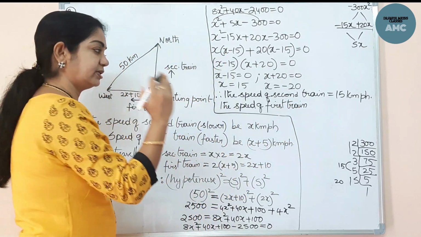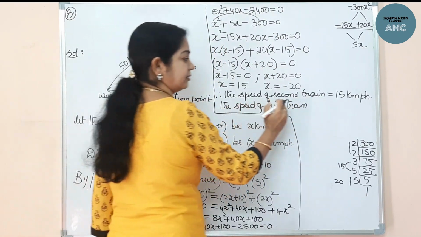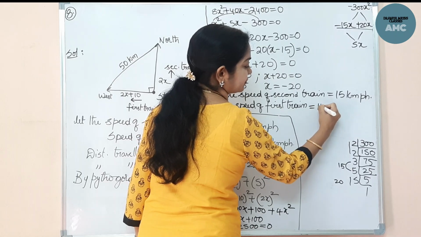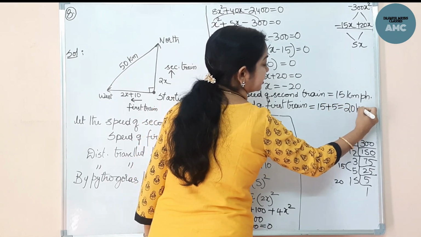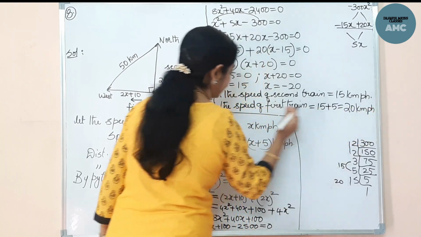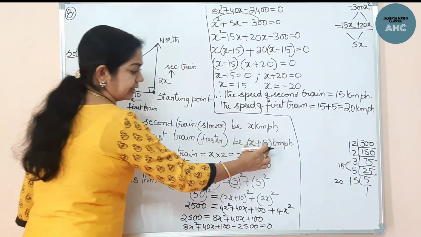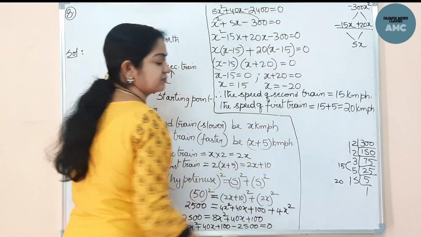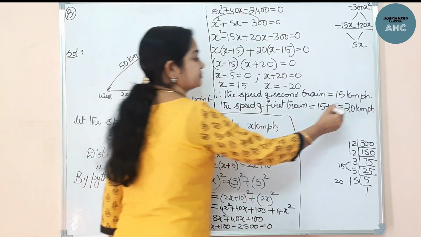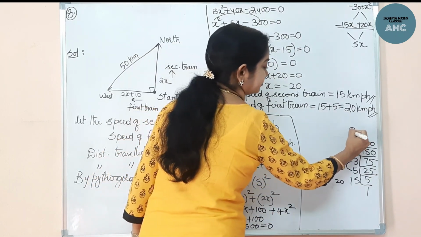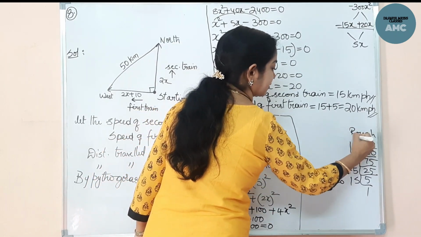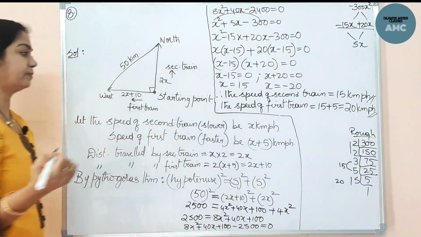It is 5 kilometers per hour more. So 15 plus 5 comes to 20 kilometers per hour. X plus 5 is the speed of the first train, x is 15, 15 plus 5. So like this, we can find the speed of both the trains. Now, this is the rough part. Pause the video and quickly copy down.